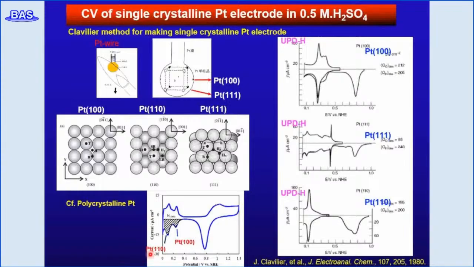It can be seen that the 2 hydrogen reductive and oxidative desorption waves at the polycrystalline platinum electrode were from the crystal phase 100 and 110 plane, respectively.